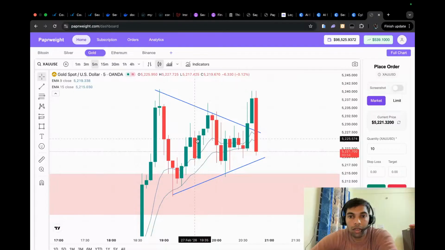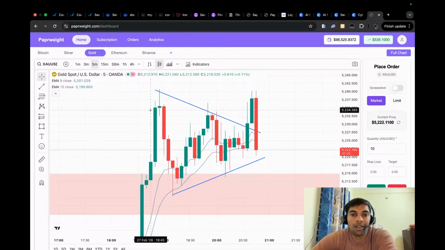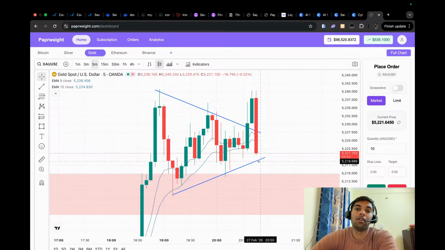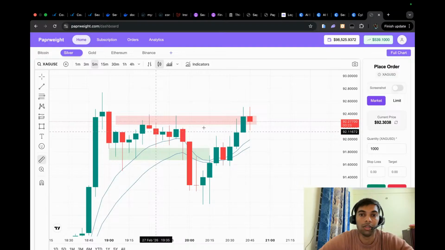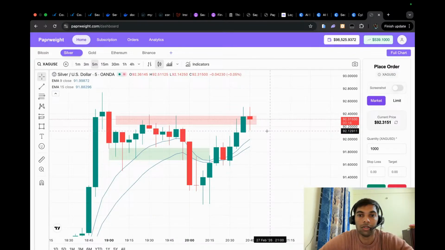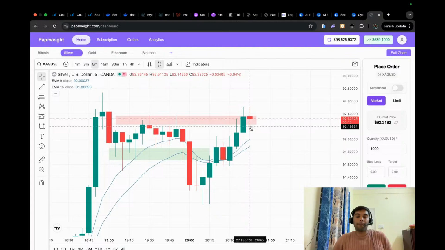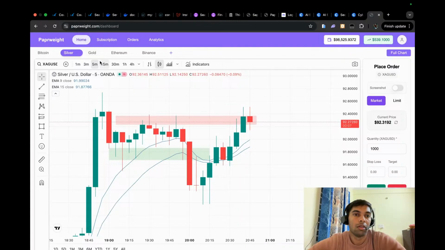It reached this buying zone again. Now it will invite all the sellers and it will definitely take the stop loss of all the sellers as well. In silver, what we can do is punch a buy order at 9227.